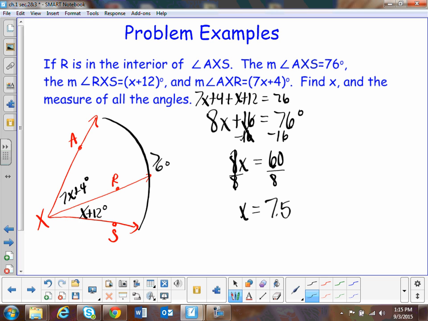Then I'm going to have to plug it in to solve for the angle. So this one's easier. 7.5 plus 12 is 19.5 degrees. And then subtract that from 76, and you get 54.